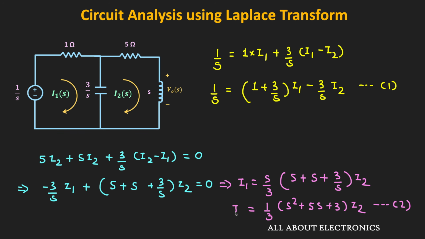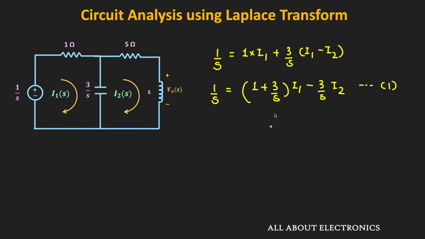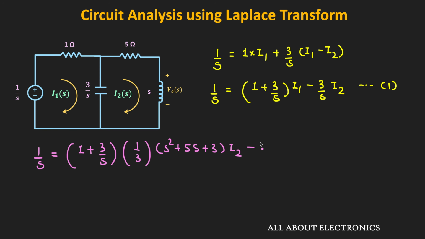So now we can put this value of current I1 in the first expression. And by putting that, let us get the expression for the current I2. So now in this expression, if you put the value of this current I1, then further we can write it as 1 divided by S is equal to (1 plus 3 divided by S) times 1 by 3 times (S square plus 5S plus 3) times I2 minus 3 divided by S times I2.